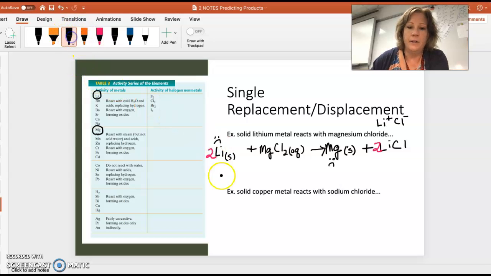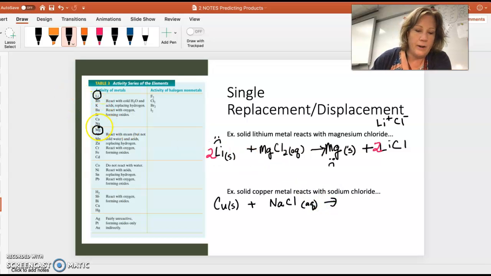Let's do another. So this one's solid copper. We're going to do a lab with something like this too. It reacts with sodium chloride. And again, this has to be aqueous. So then we want to look up over here and we find our copper. Where is he? Hiding. Can't find it.